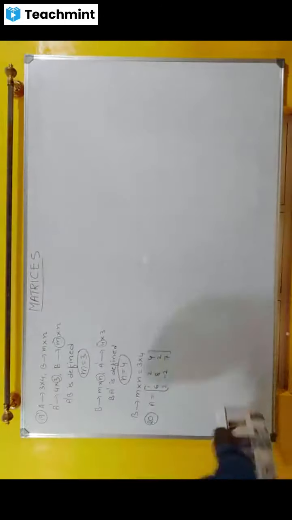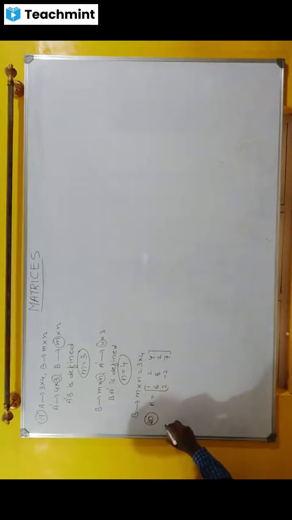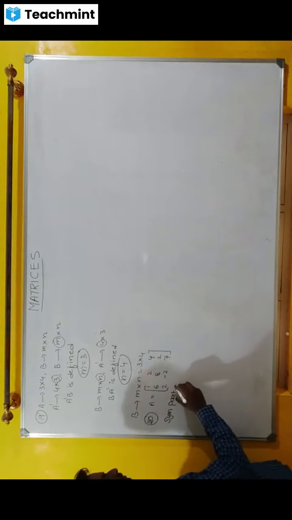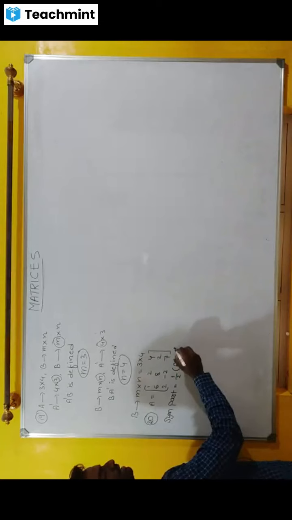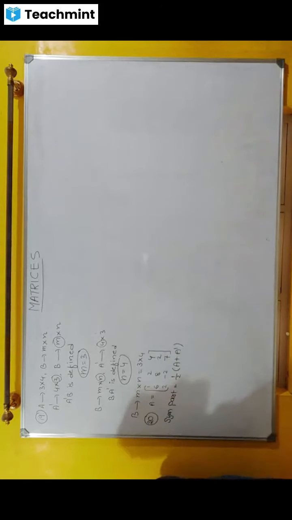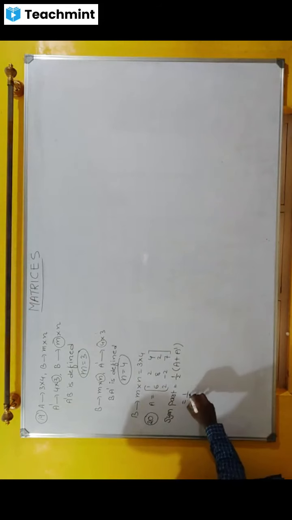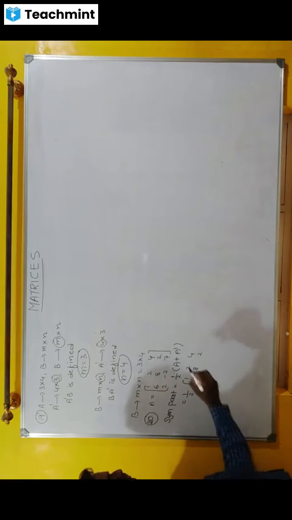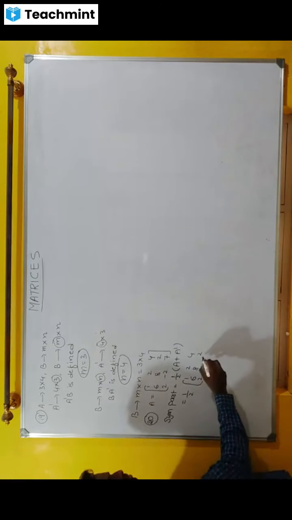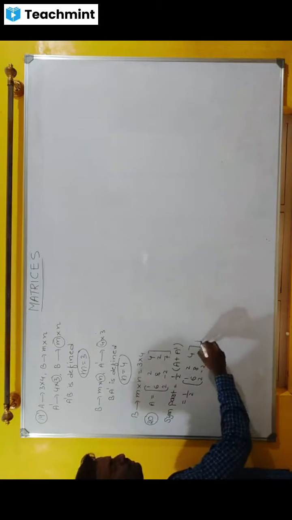Symmetric part is nothing but 1 by 2 into A plus A dash. That equals 1 by 2 into the A matrix, 1, 2, 4, 6, 8, 2, 2, minus 2, 7, plus A dash.